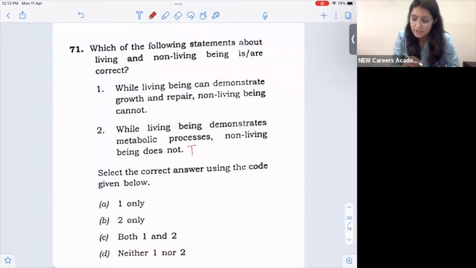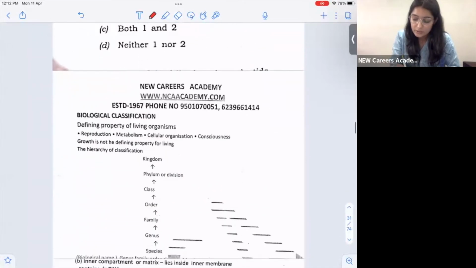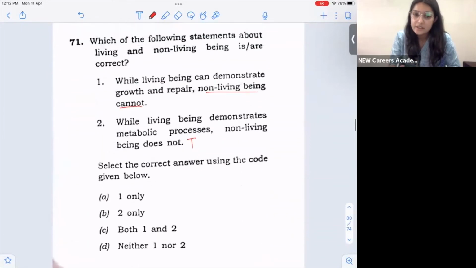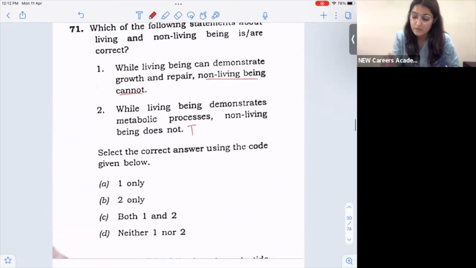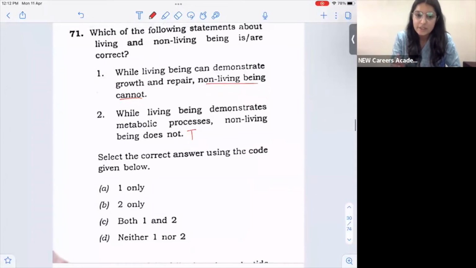This is definitely true. What about the first? Growth is not the defining property of living. Non-living things can also grow, for example mountains. If the height of a mountain increases, that is growth. So using that concept, only statement 2 is correct. This is the correct answer.